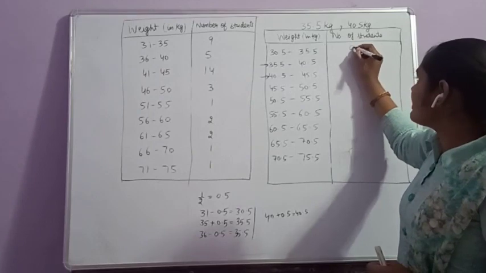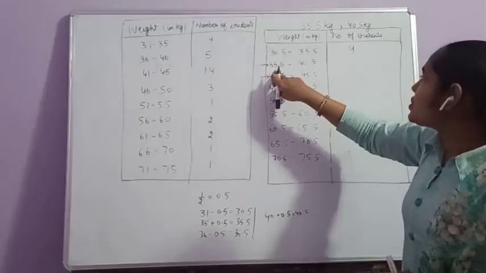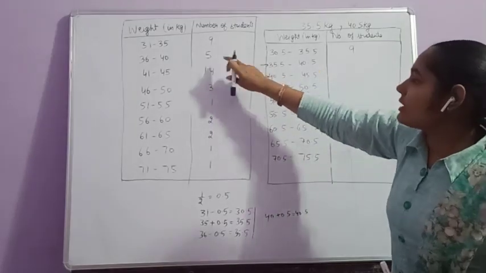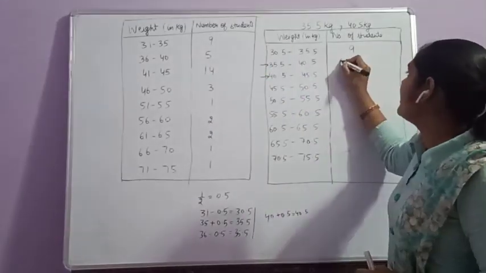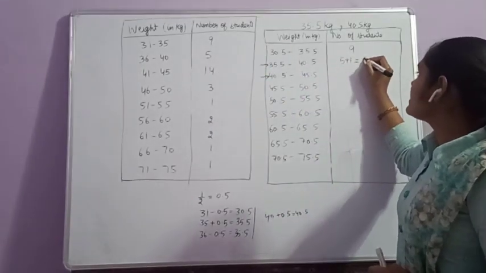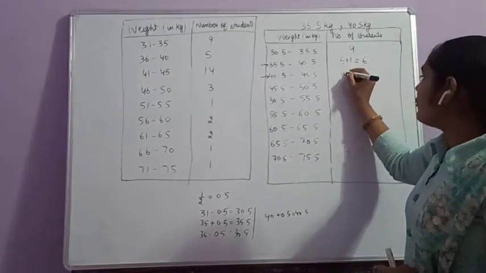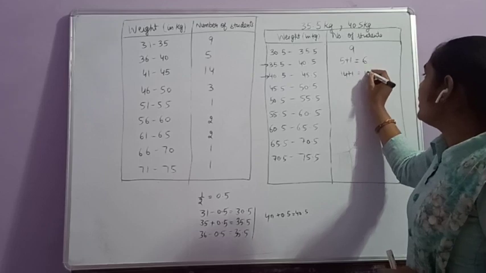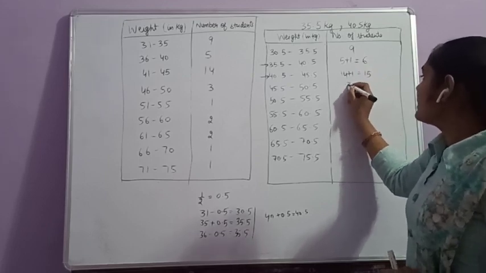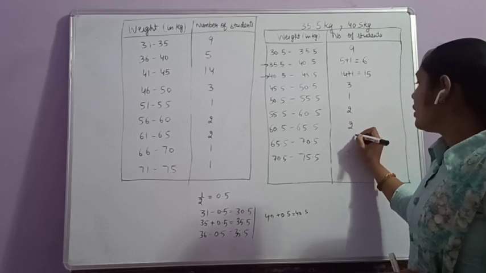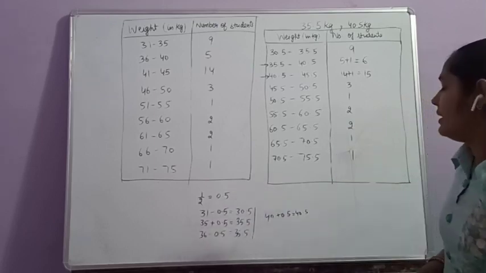So the number of students will be 9. We had 5 students in that class interval, and one student of 35.5 kg is added, so the total will be 5 plus 1, that is equal to 6. And one student is added in the other class interval, then 14 plus 1, that is equal to 15. Other class intervals have the same number of students because no change is given to us in other class intervals.